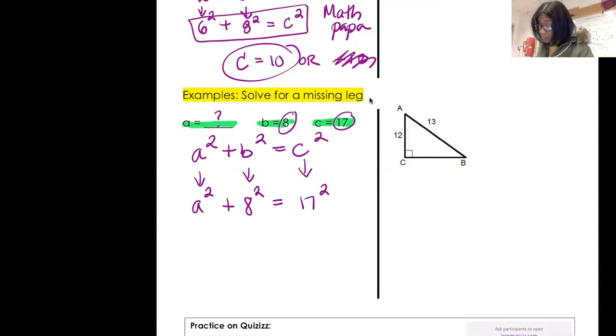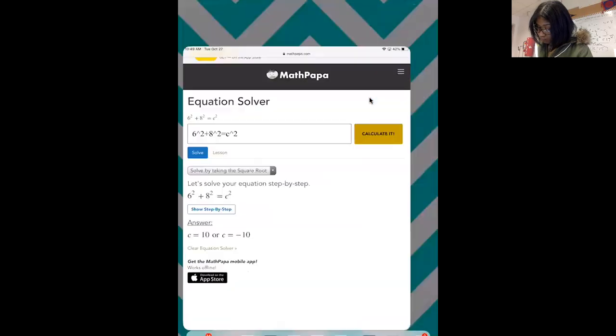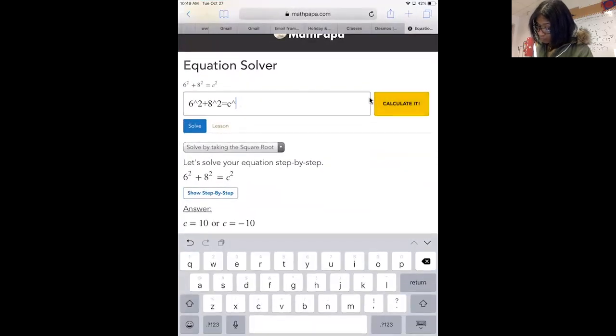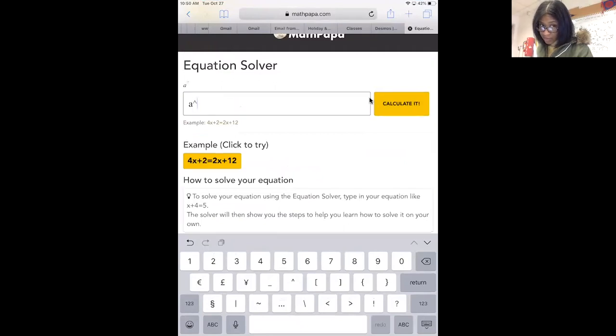Let me do this one with you. Here's the little arrow to get the exponent, okay? Squared.